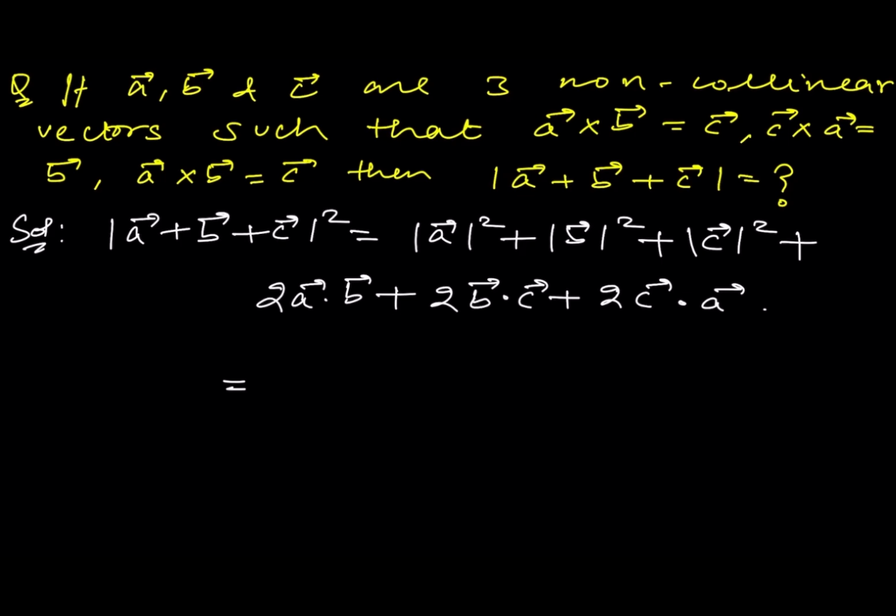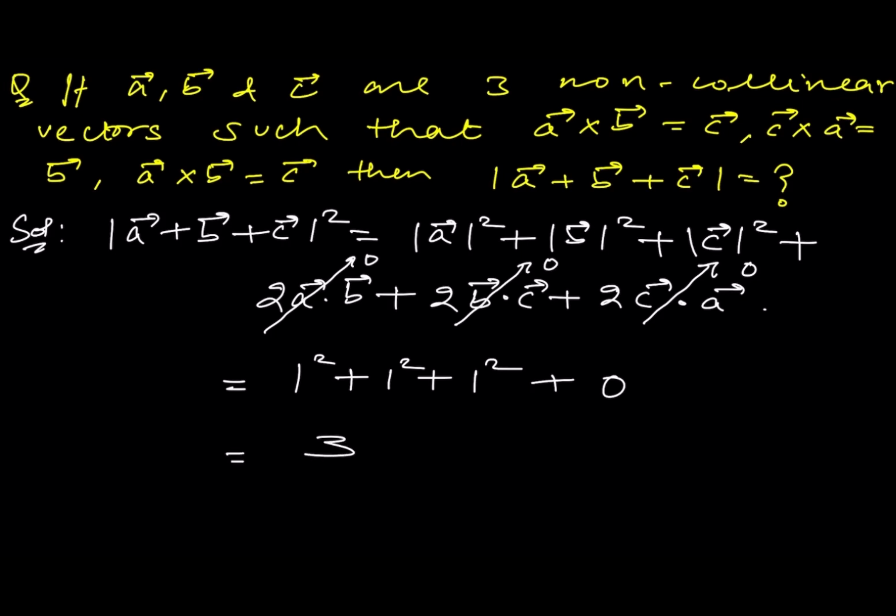So as we know, the magnitude of each vector is 1. So 1 square plus 1 square plus 1 square. And as A vector, B vector and C vector are mutually perpendicular vectors, this will be 0, right? So plus 0. So this is 3.